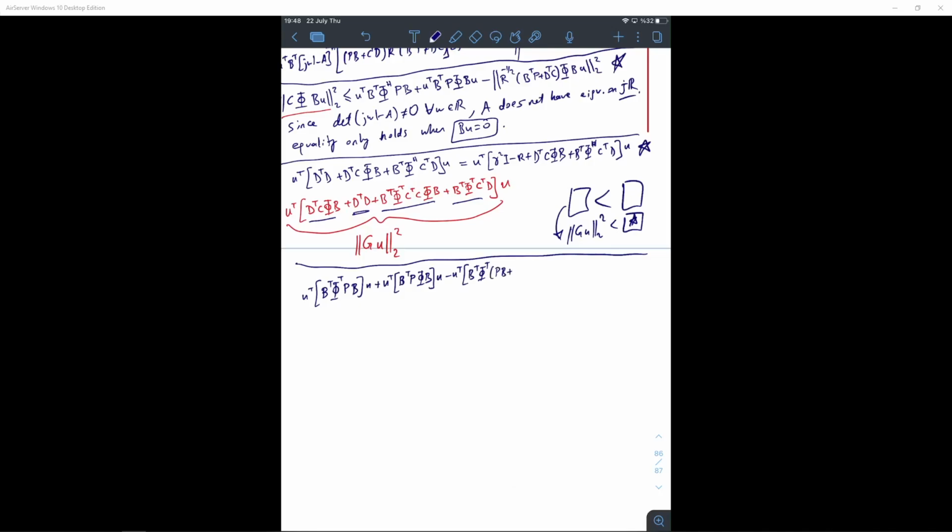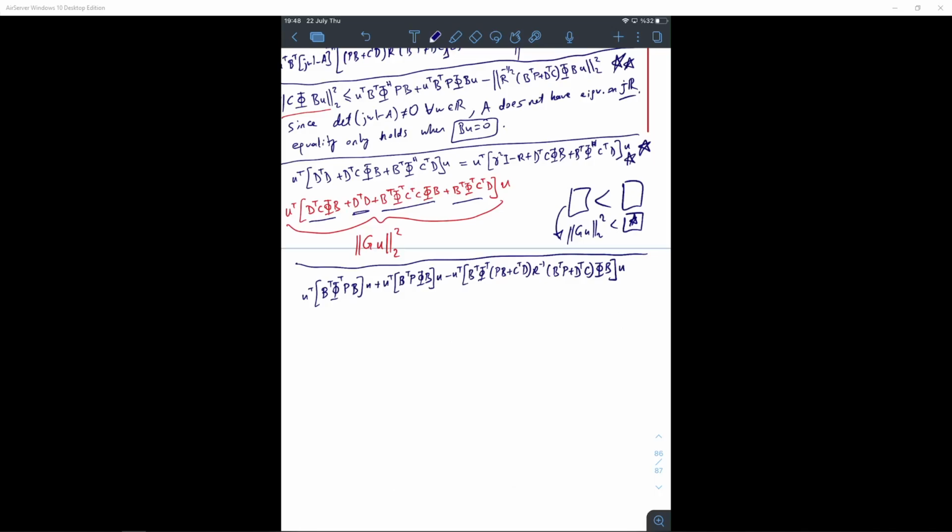plus C transpose D R inverse B transpose P plus D transpose C phi B U. Okay, I just wrote the right hand side, and now I'm going to add this term, right?